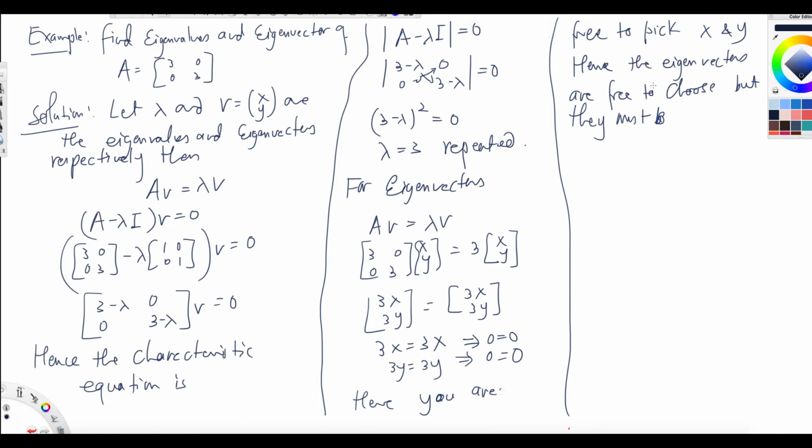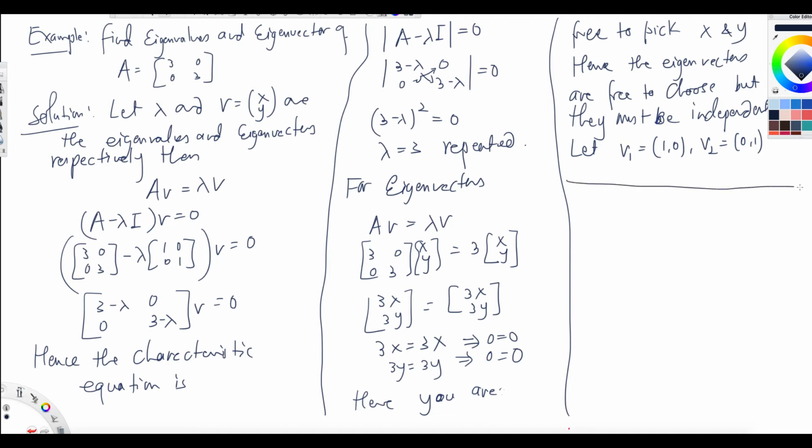I mean, they look different, but they are linearly dependent, meaning that one is a multiple of the other. So let v1 equals (1, 0) and v2 equals (0, 1). These are the very basic two linearly independent vectors. You are free to choose any values of x and y. I just pick (1, 0) and (0, 1), but these are the very basic linearly independent vectors.